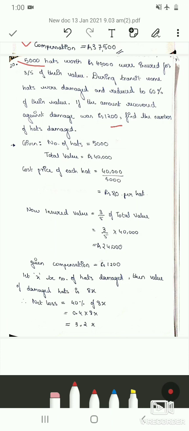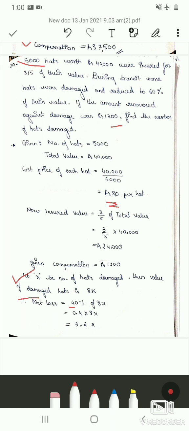So here compensation is rupees 1,200. So therefore let us take x to be the number of hats damaged. Then the value of damaged hat is 8x, since cost price of each hat is 8. Therefore the value will be 8x. So the net loss is 40% of 8x.